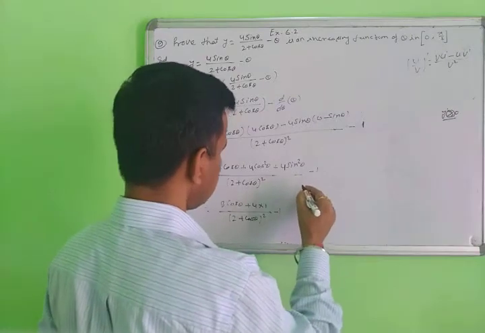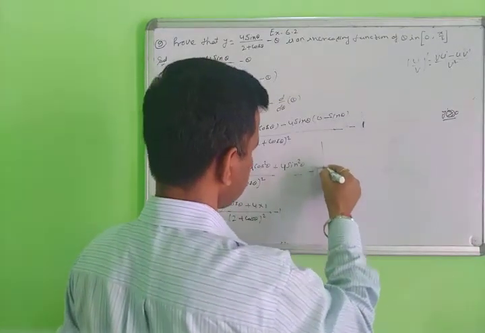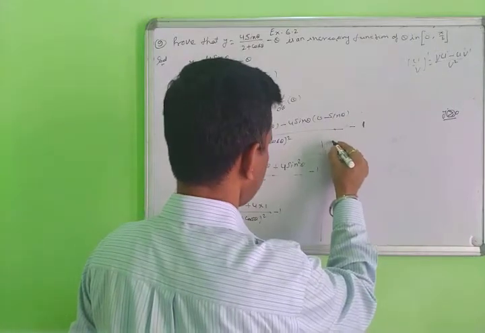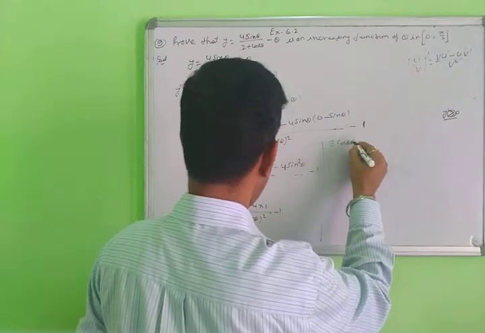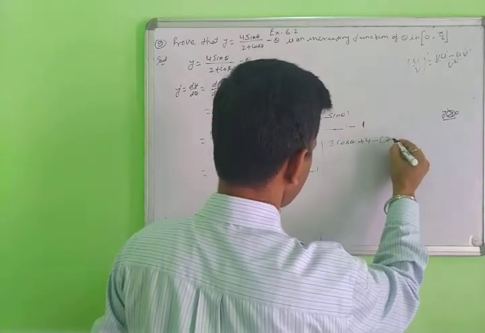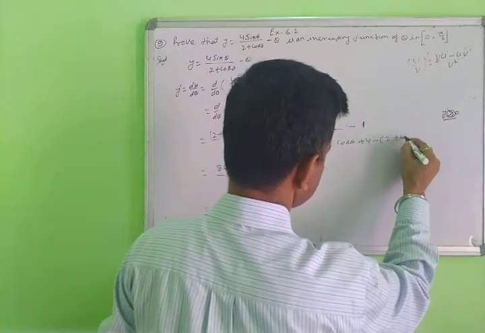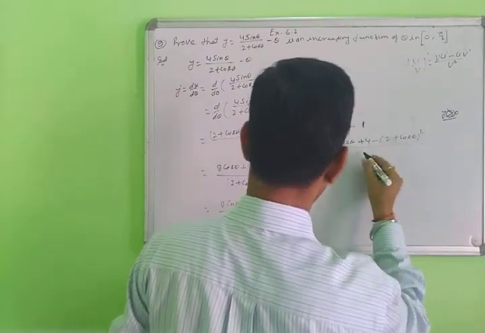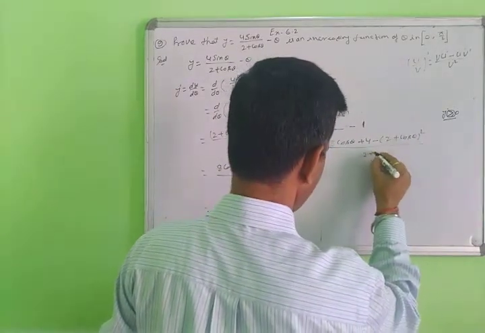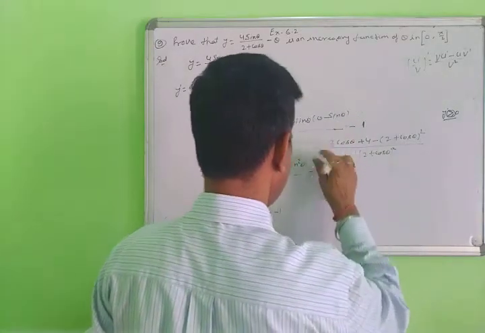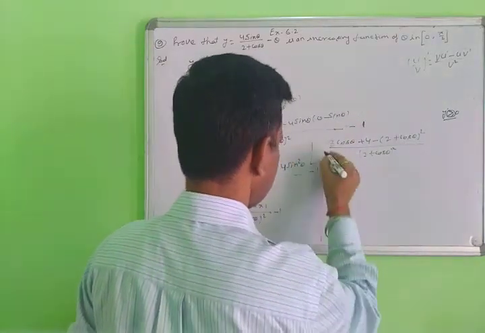Again taking the LCM: 8 cos theta plus 4 and minus 2 plus cos theta whole square, upon 2 plus cos theta whole square. This will be equal.